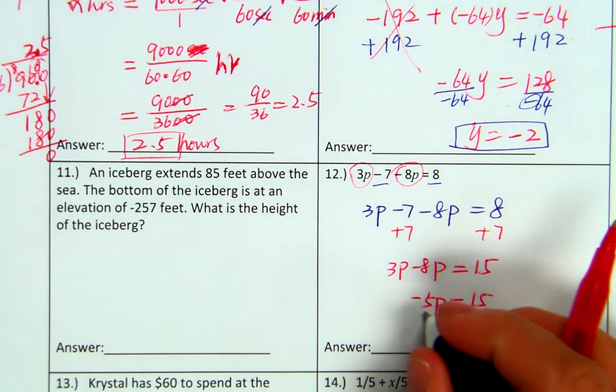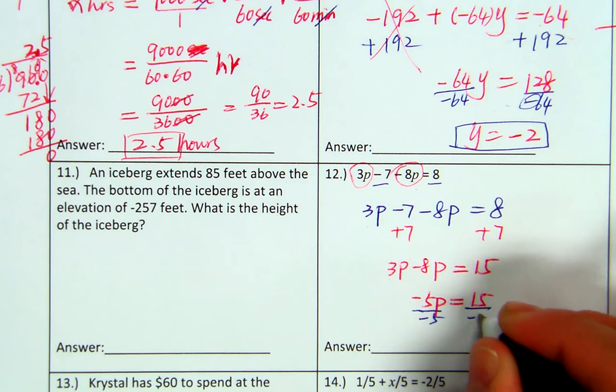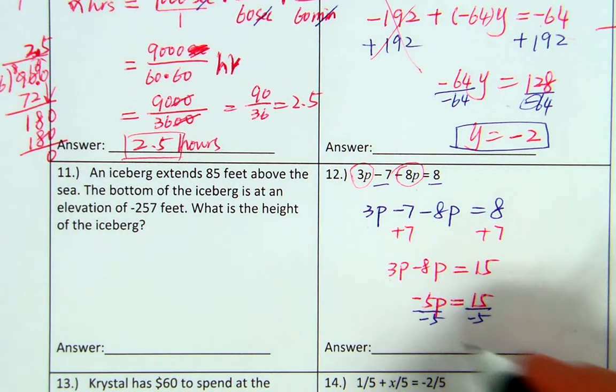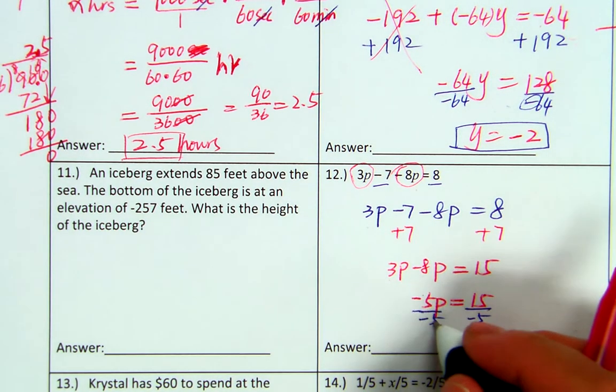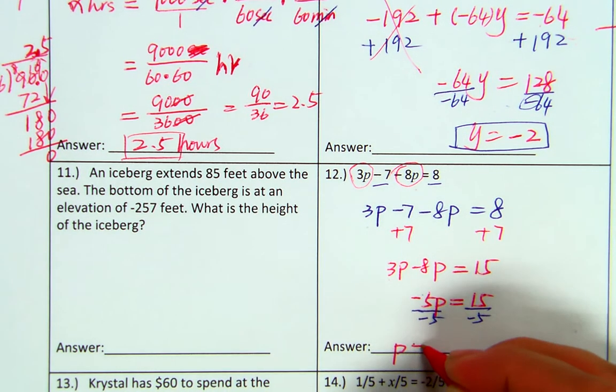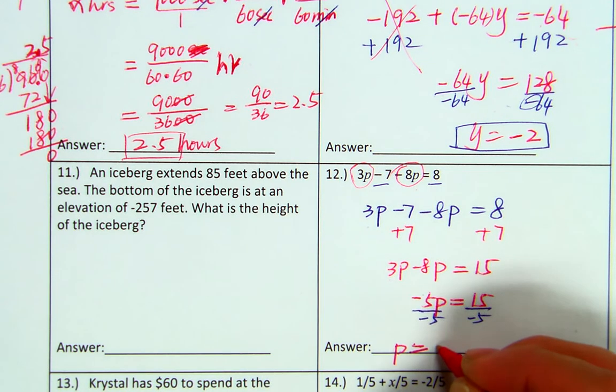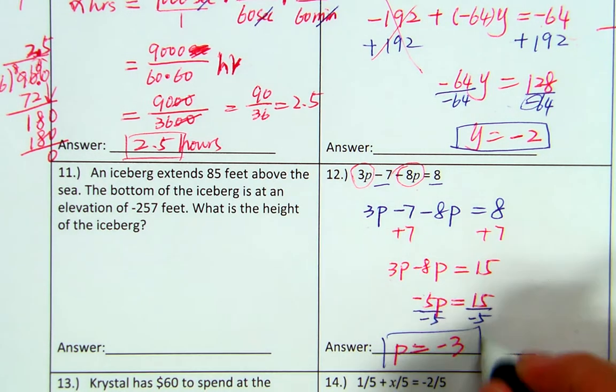And right now you need to divide by negative 5 on both sides, because there's a negative sign. So negative 5 cancels, and you have p all by itself equals 15 divided by negative 5, which is negative 3. So the answer is p equals negative 3.